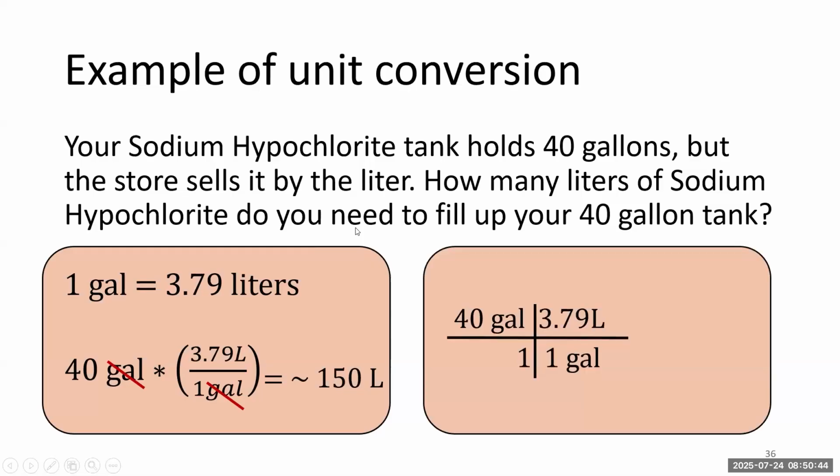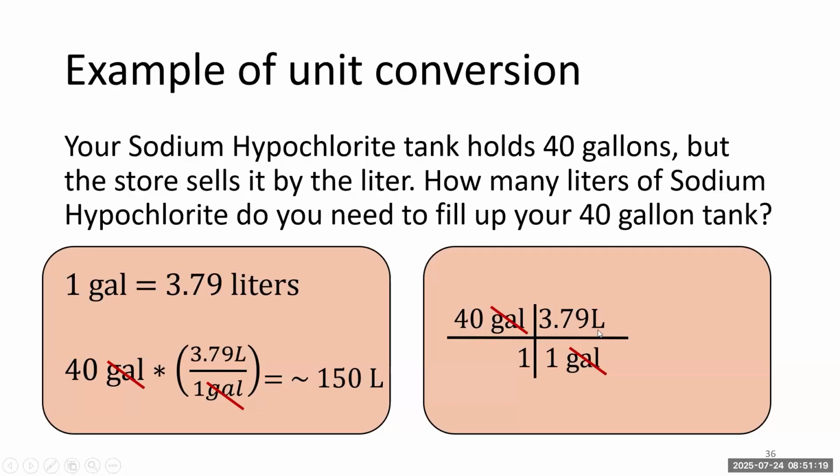So I like to write these conversions out in a grid, and it works similarly. Here we're starting with 40 gallons, and then we take our conversion factor with 3.79 liters on top and 1 gallon on the bottom. We get to cancel out those gallons, and that leaves us with just liters, which is great because that's what we're looking for in our answer: how many liters will fit in that 40-gallon tank.